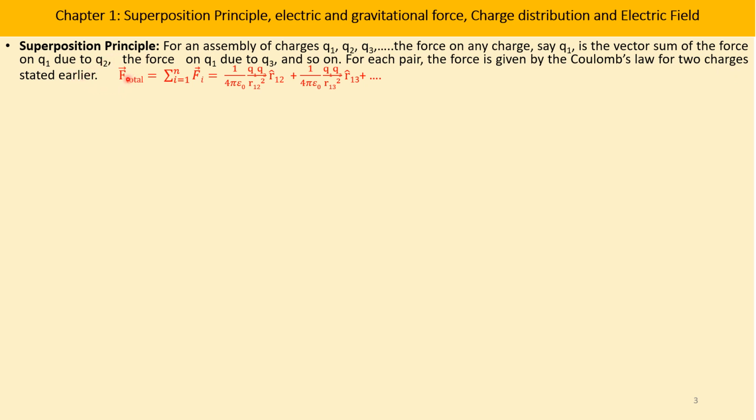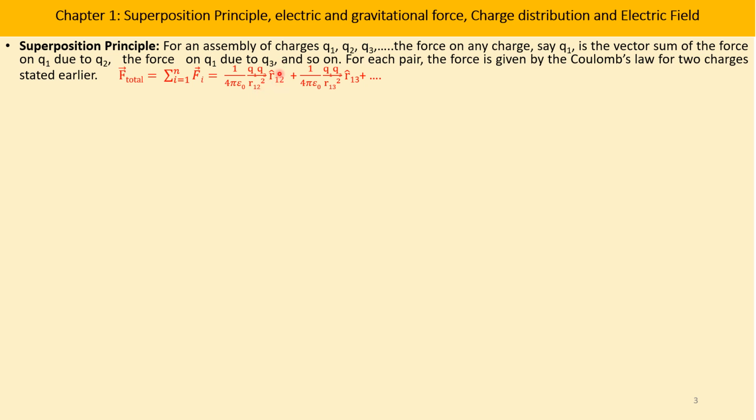So F total can be written mathematically as F, which is a vector, subscript total, equals summation 1 to n of Fi. Here the value of i varies from 1 to n. And expanding the formula for each pair of charges, it can be written as 1 over 4 pi epsilon naught into Q1 Q2 divided by R12 whole square into R12 hat.